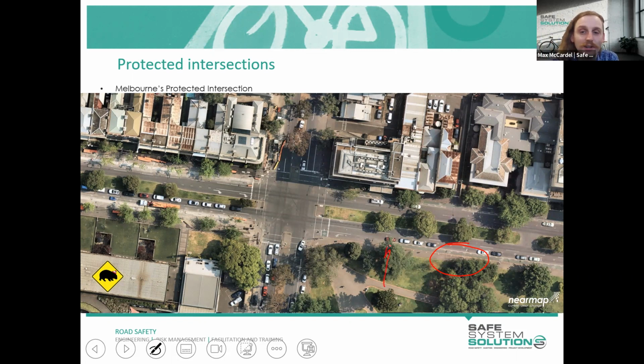But just after this red vehicle, it ends, and there's no cycling infrastructure until the intersection, where there's only a little bicycle box. It's an incredibly common way that cycling infrastructure has been delivered to date.